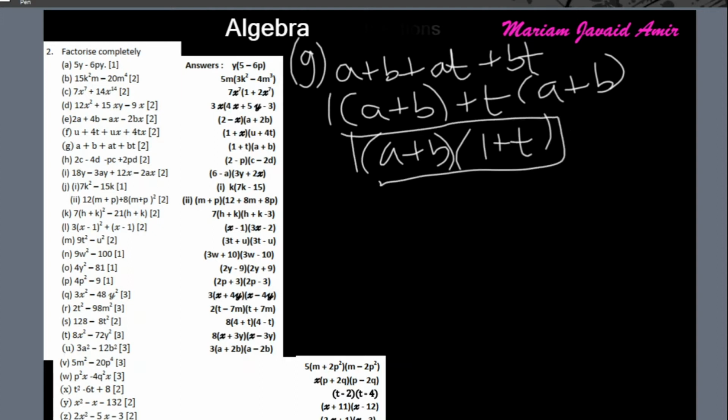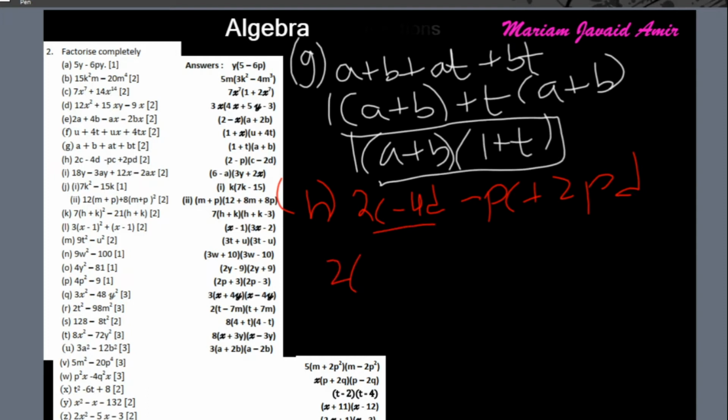Part H, 2c minus 4d minus pc plus 2pd. Here we have 2 common, we're left with c minus 2d, and here we have p common, so I should take minus p common.